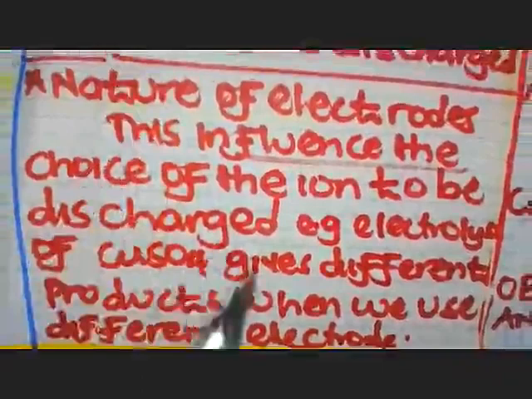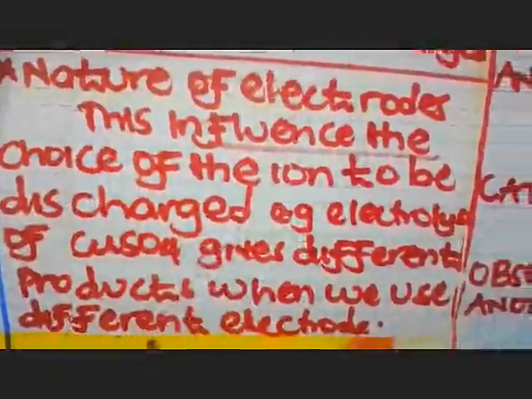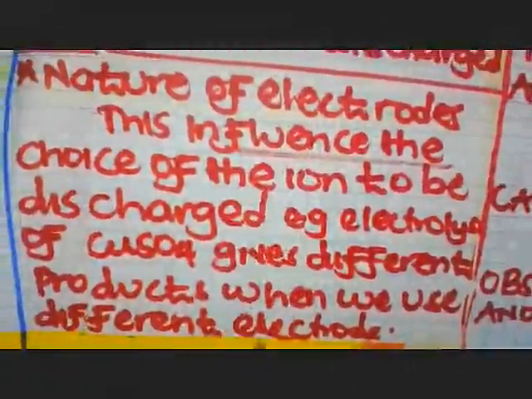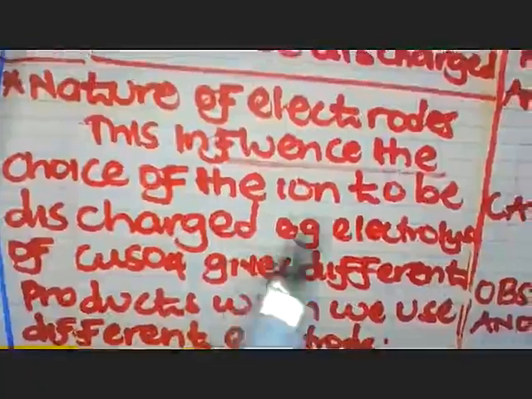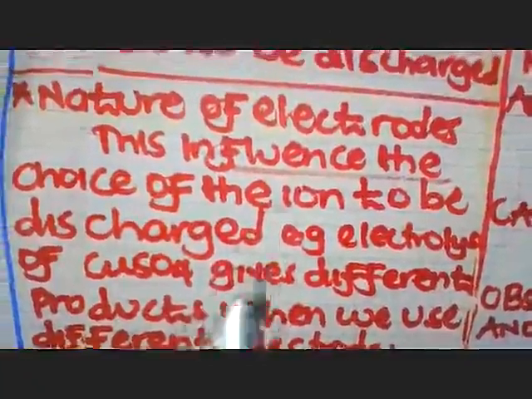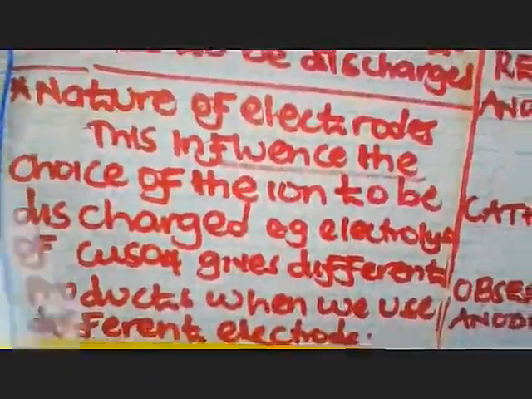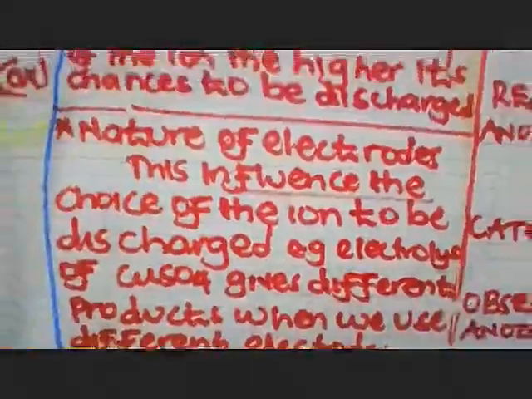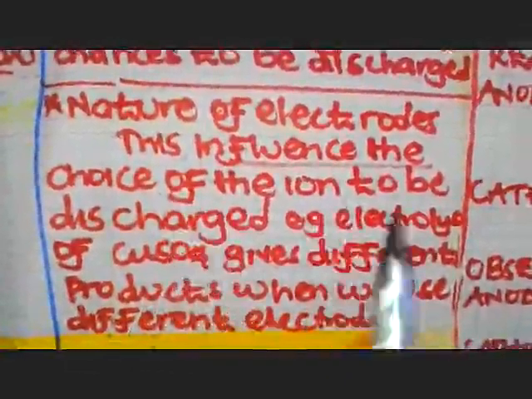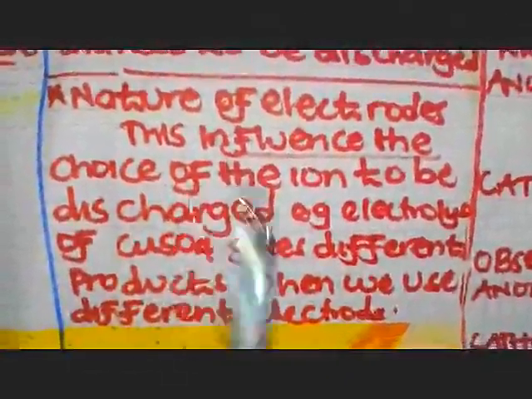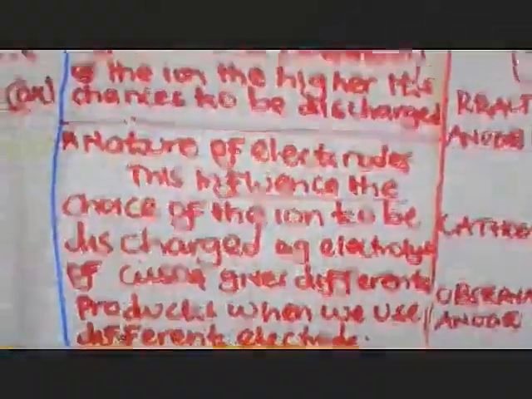When you use copper electrodes, you will find different products formed, but when you use carbon or graphite or platinum electrodes, other products are formed. Meaning the ion discharged with copper electrodes and with graphite electrodes is not the same. You are going to see that in front on the diagrams.